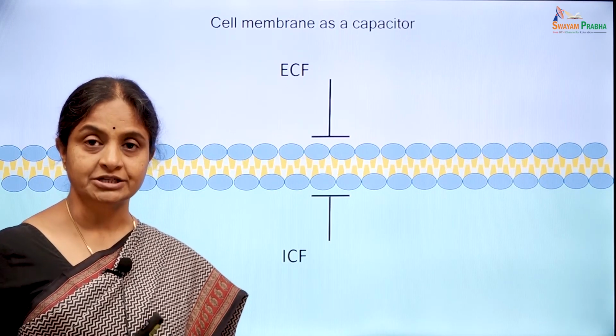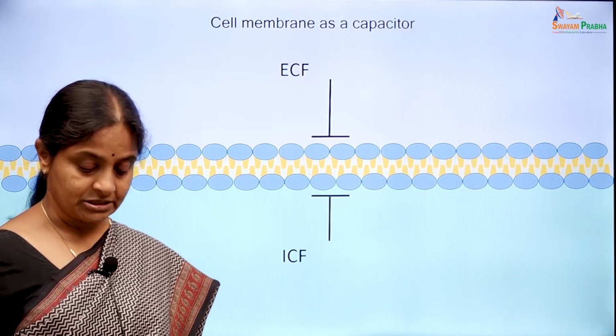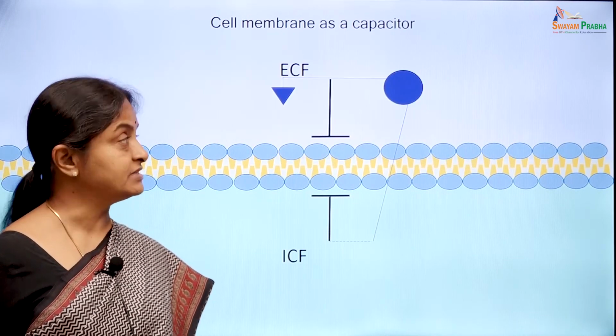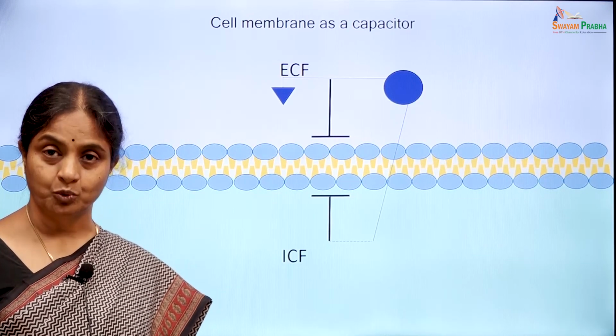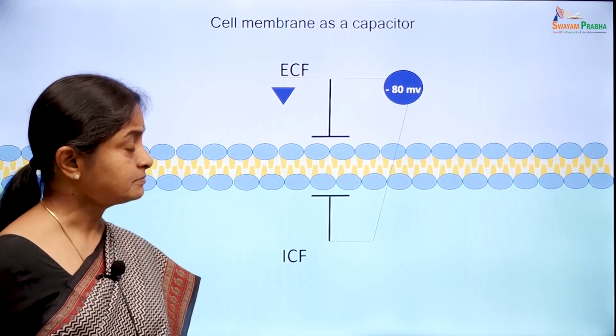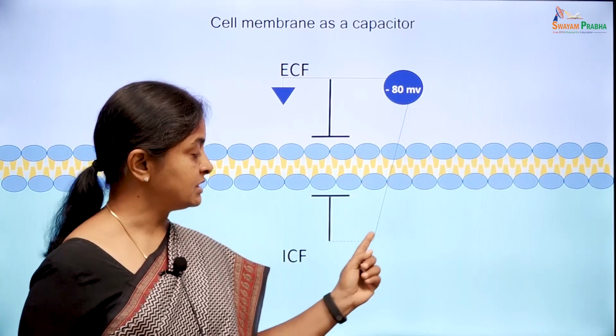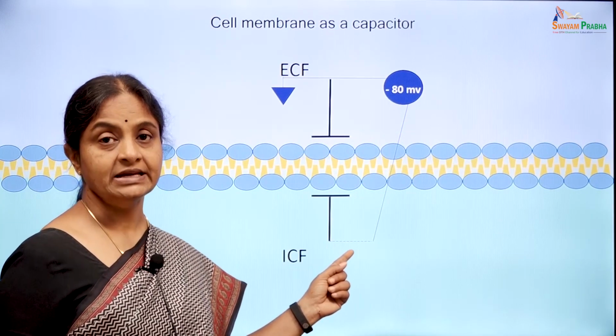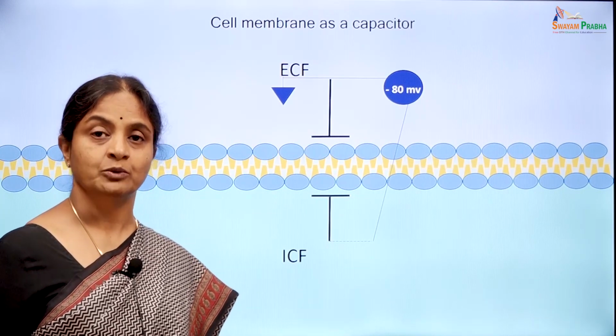And it is a charged capacitor at that, because if you put an electrode inside the cell and keep a reference electrode outside and measure the voltage across, it comes to about 80 millivolts. Minus 80 millivolts because the negativity is on the inside and the active electrode is placed within the cell.